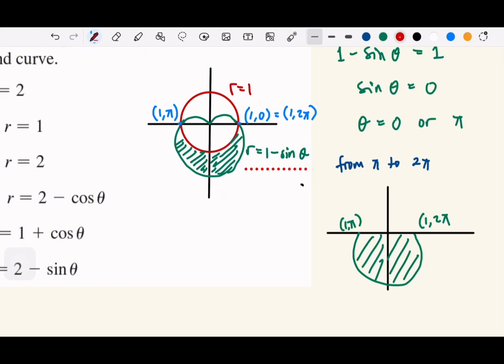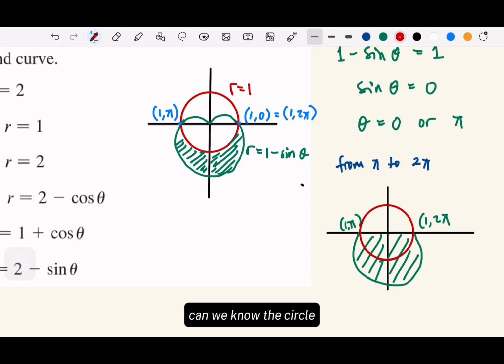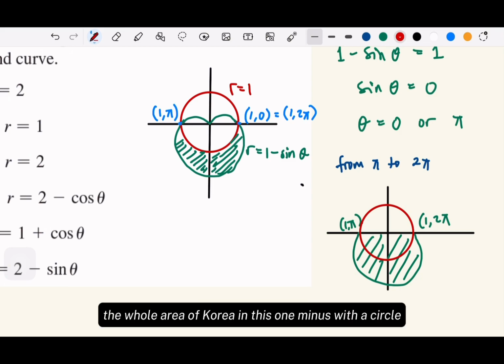And then if I take the circle over there, can we know the circle? We can, the circle is r equals 1. If we use the same interval from pi to 2 pi, we take the whole area of the cardioid in this interval minus the circle.